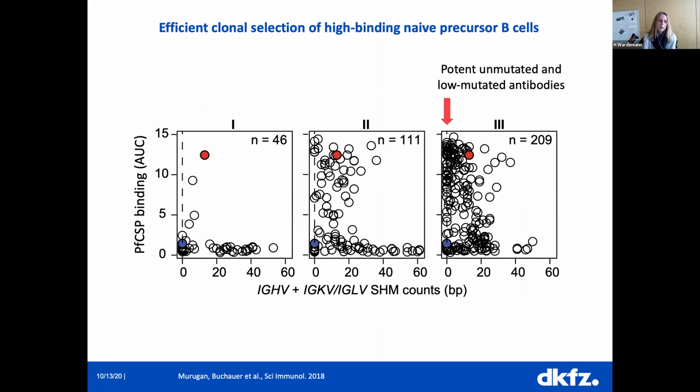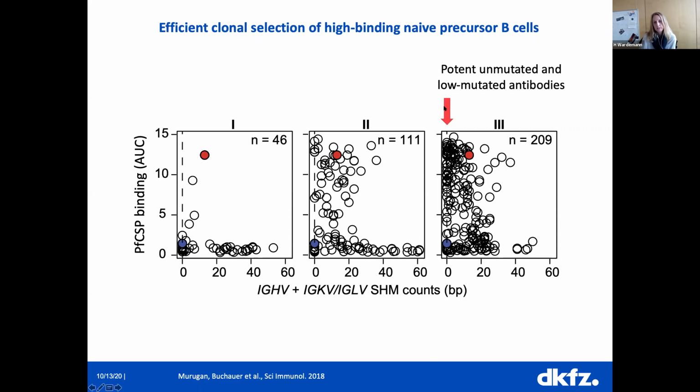However, when we looked at the number of mutations in the antibodies that we had isolated and looked at the CSP binding strength, again measuring the AUC here, we observed that the vast majority of the very good binders were actually from antibodies that had very few mutations or were even unmutated.